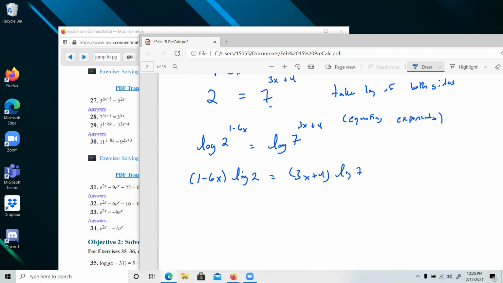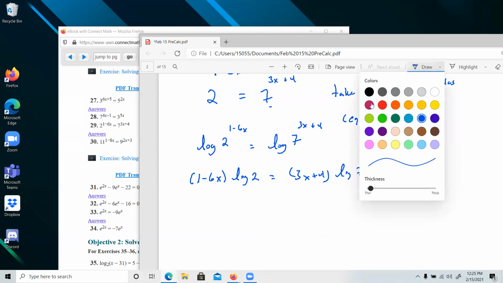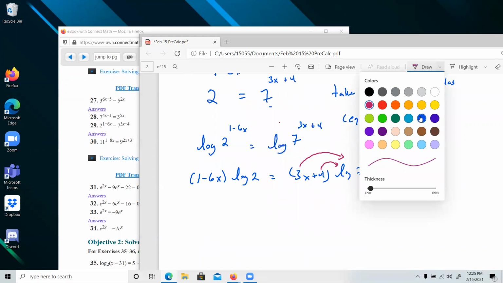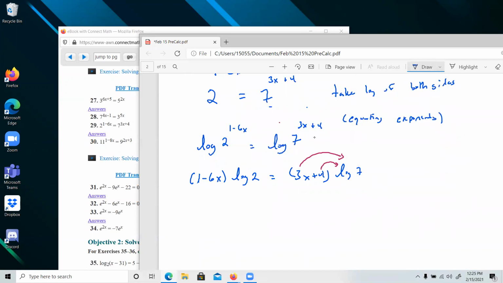The reason you want to use parentheses on this is because I don't want to miss, did I remember to say 3x times log 7? And did I remember to do 4 times log 7? They both have to be visited by that logarithm, and if I don't use the parentheses, I'm likely to forget one of them. Probably this one.